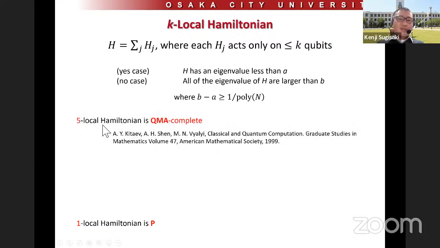But think about the 5-local Hamiltonian. In 1999, it was proved that the 5-local Hamiltonian is QMA-complete. How about k between 1 and 5?